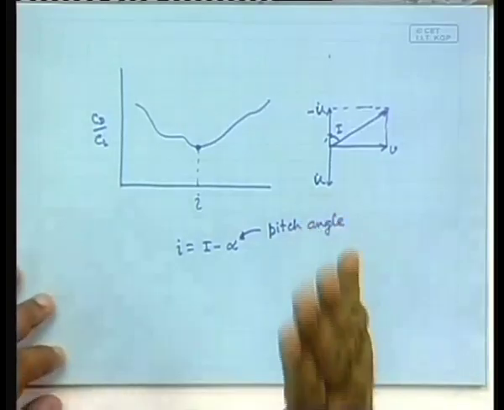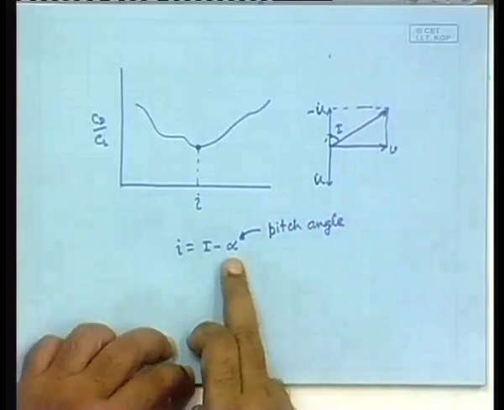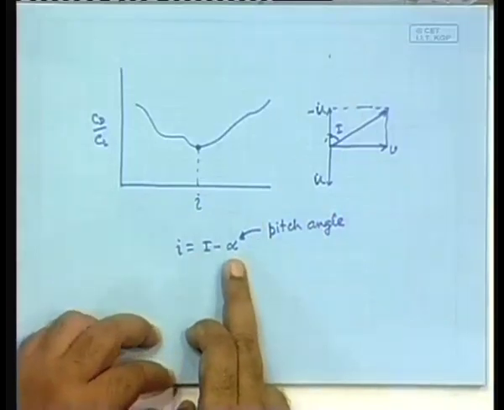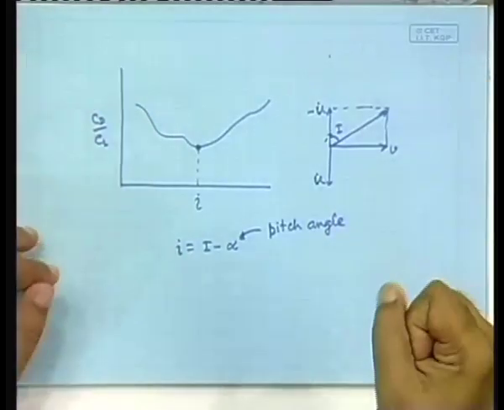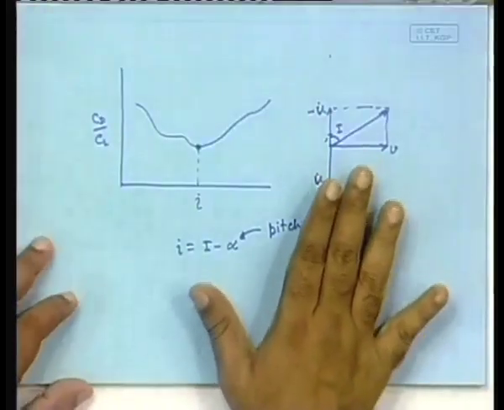That means the pitch angle is not just a twist from the inner edge to the outer edge, but depending on the wind speed you have to keep on changing it. That means there is a constant twist between the inner edge and the outer edge, the difference in the angle is constant, but the whole thing is moved. So, that is the pitch angle control. Is it understood? How it is done and other things like that I will come to a little later.